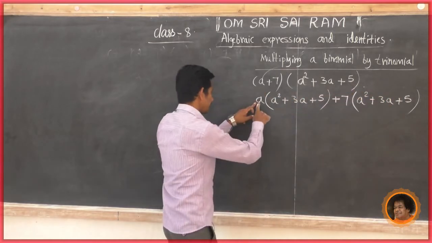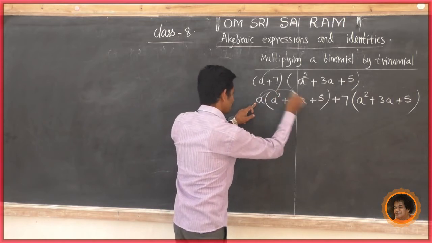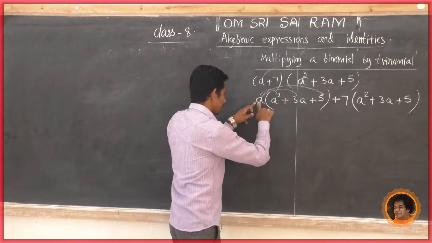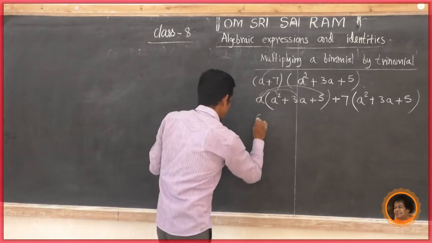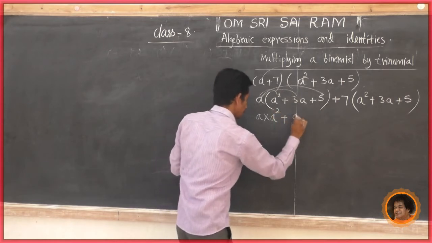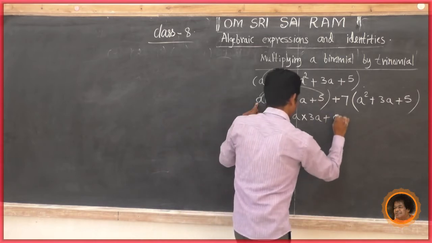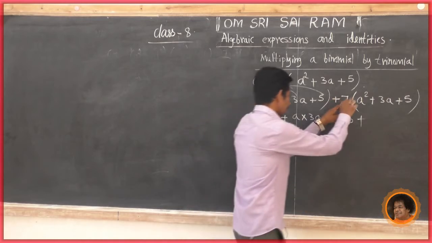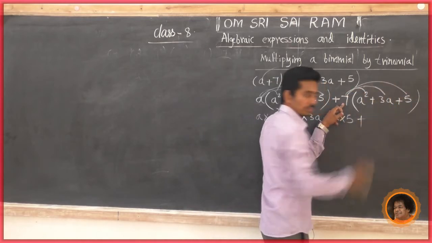Now multiply a into a squared like this. A into a squared, then this a into 3a, then this a into 5. So a into a squared plus a into 3a plus a into 5, plus, now this 7 into a squared, this 7 into 3a, this 7 into 5.